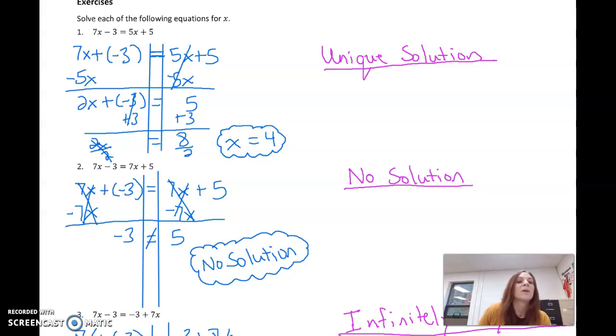What I want us to focus on right here is our coefficients. Remember that word coefficient, it's the number attached to the x. So once you simplify each side, it's the number multiplying the x. You will have a unique solution if they are different coefficients. That's kind of why it's important to remember that word coefficients.